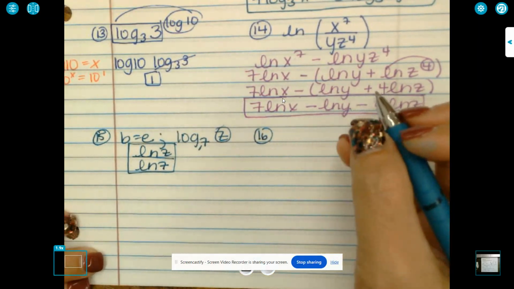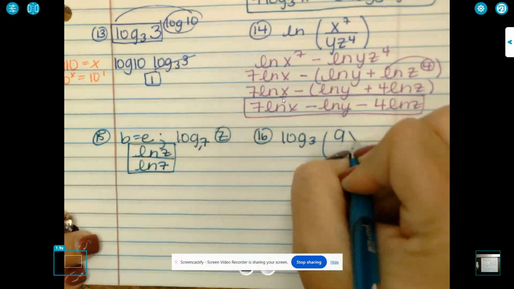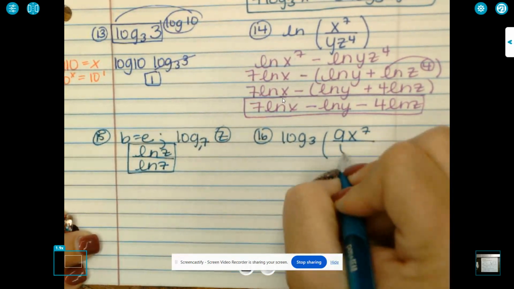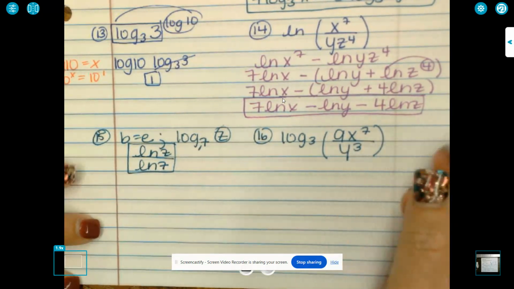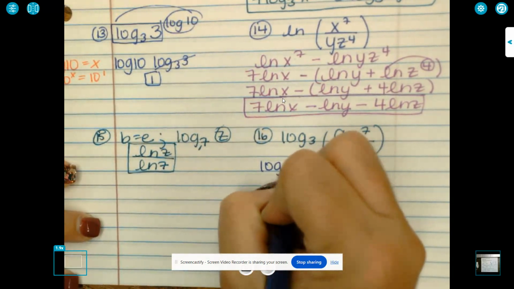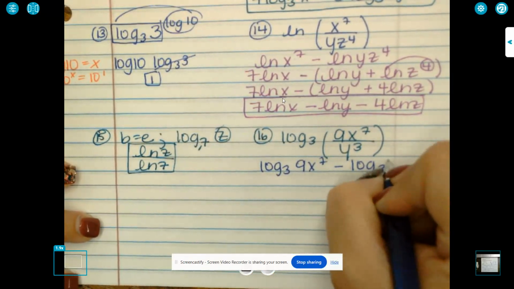All right, 16 is an expand problem. If I expand here, first thing I see is the division, so I'm going to go log base 3 9x to the 7th minus log base 3 y cubed.